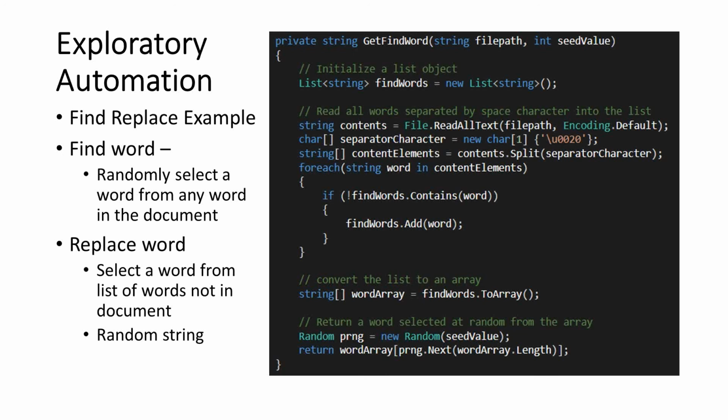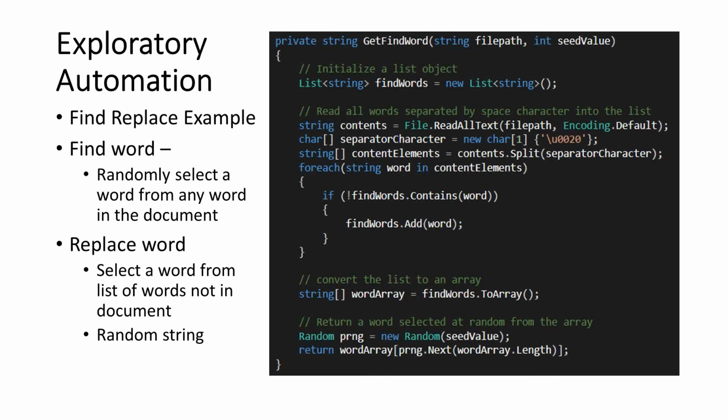I'm going to read the file that I want to change, read all the words in that text document, and then put those words into a list object that I later have to convert to an array.